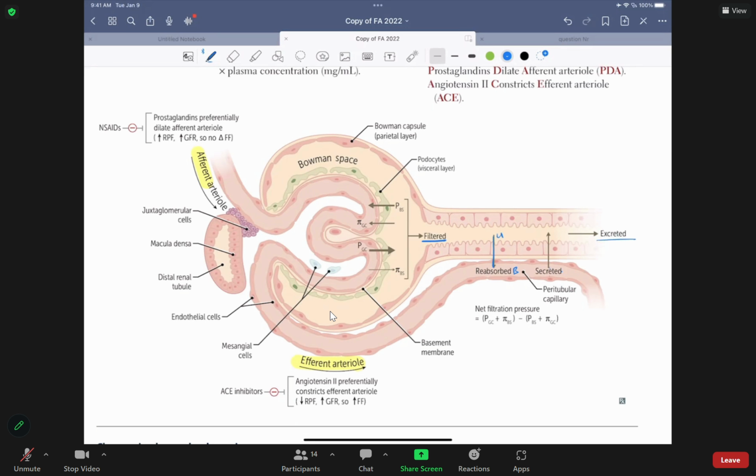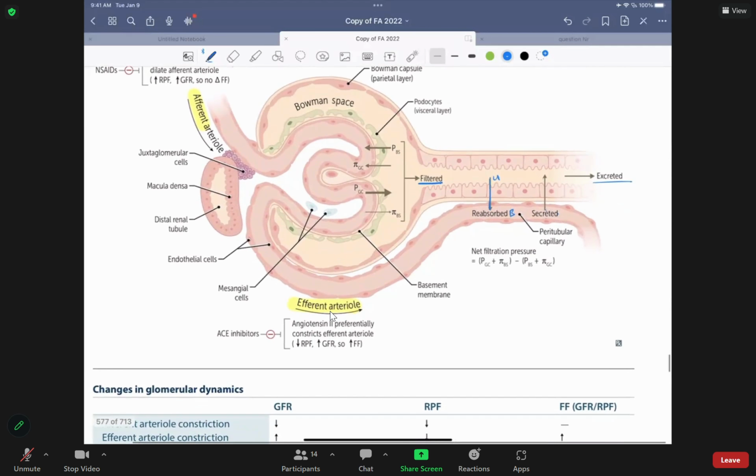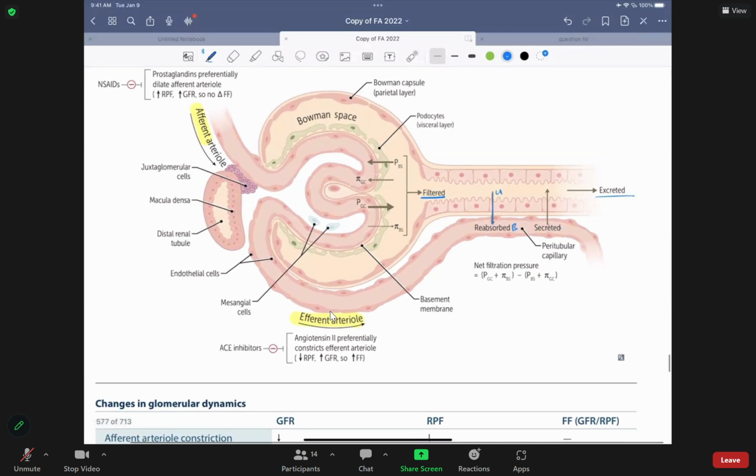Now, this picture shows the continuation of the efferent arteriole, and look at that. That's your peritubular capillaries. Now, when we say reabsorption and secretion, it is actually between the tubules and peritubular capillaries. Is everybody clear, folks? It's between the tubules and peritubular capillaries.